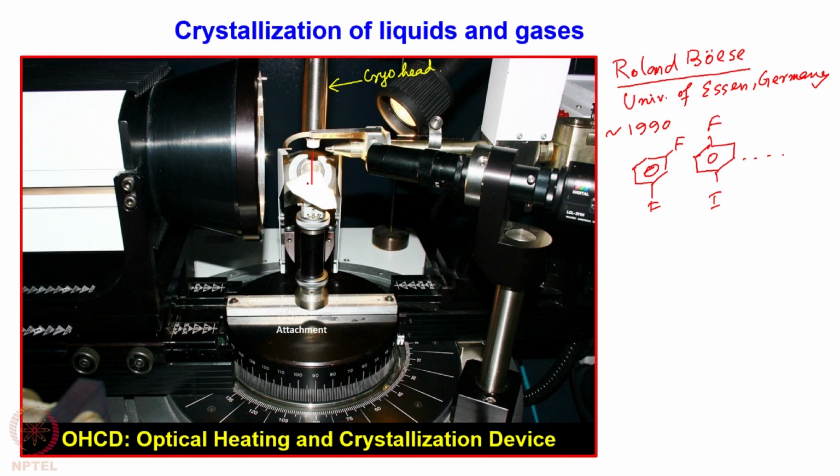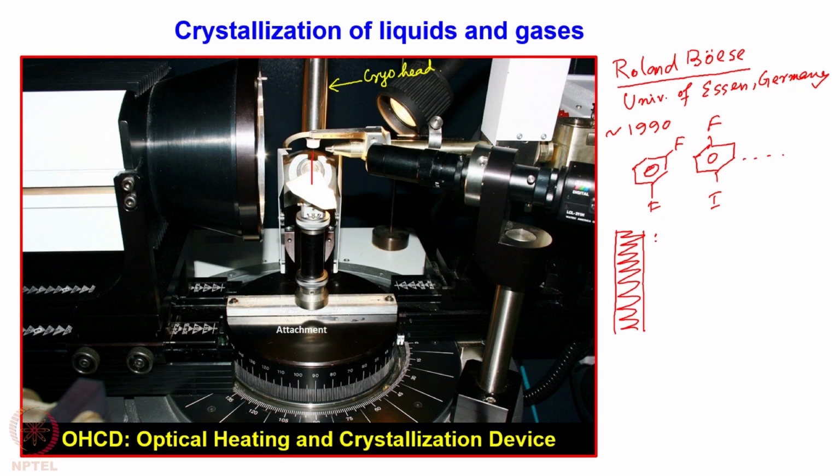So now what happens is, when the compound crystallizes inside the capillary, it forms a polycrystalline material, and then that polycrystalline material we know melts at a certain temperature from our differential scanning calorimetric experiment.